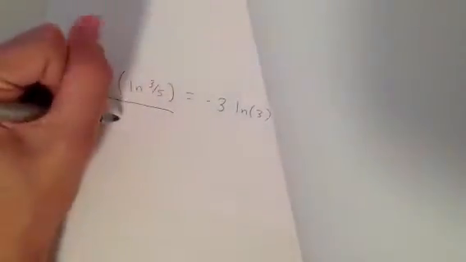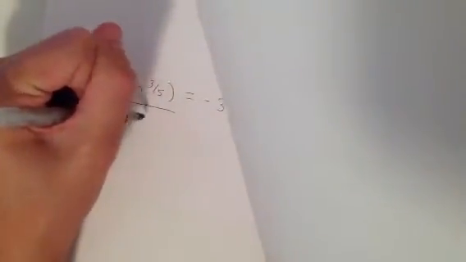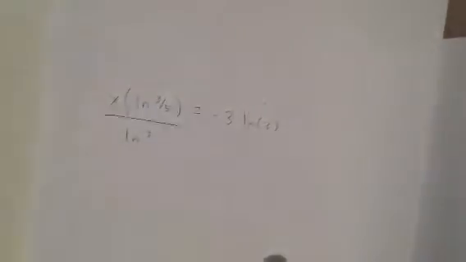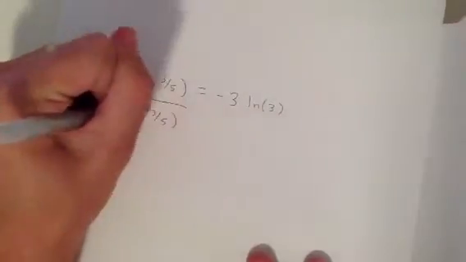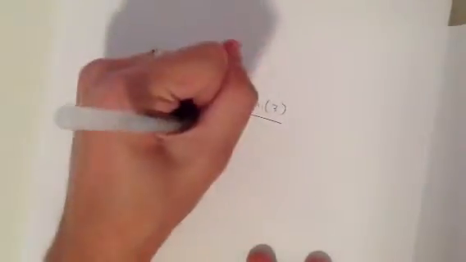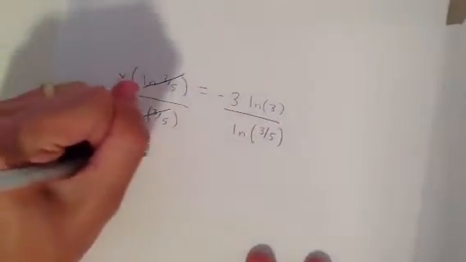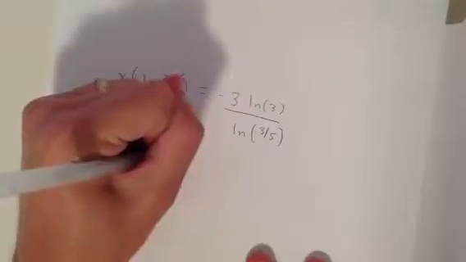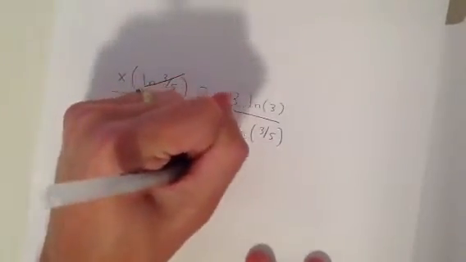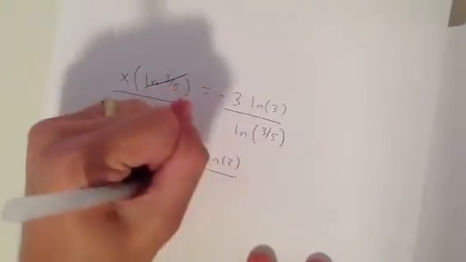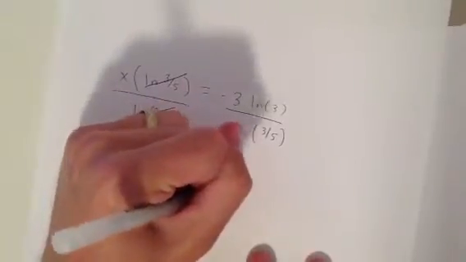So let's divide both sides by the natural log of 3/5. These will cancel out, and we'll be left with x equals negative 3 times the natural log of 3 divided by the natural log of 3/5.